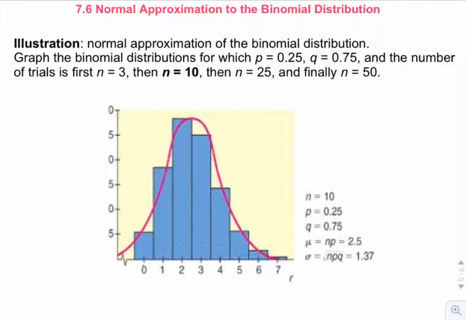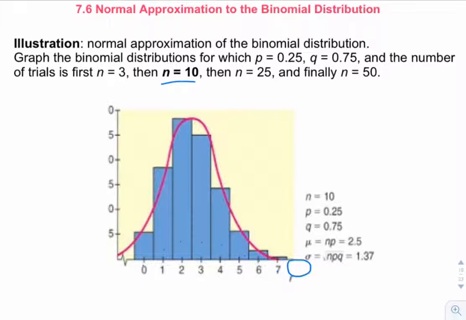There are no bars showing for 8, 9, and 10 because the probability is almost 0. It rounds to 0. The chance of 8 or 9 or 10 successes is so small. Looking a little bit better here. It looks a little bit more mound shaped with 10 trials.